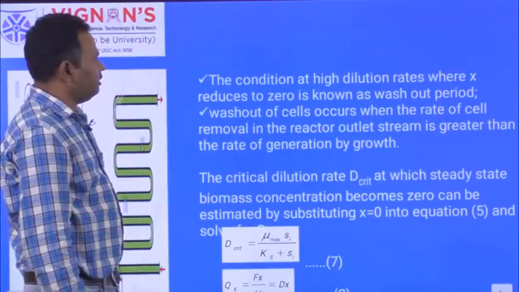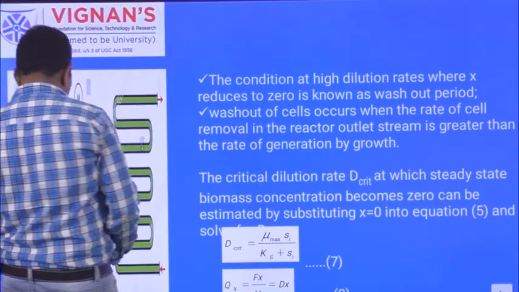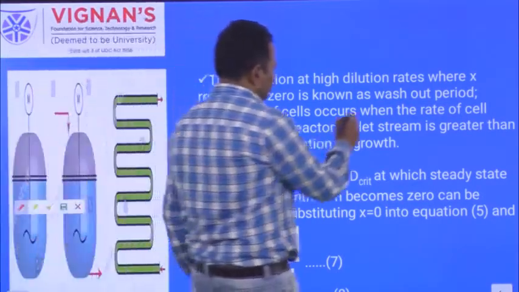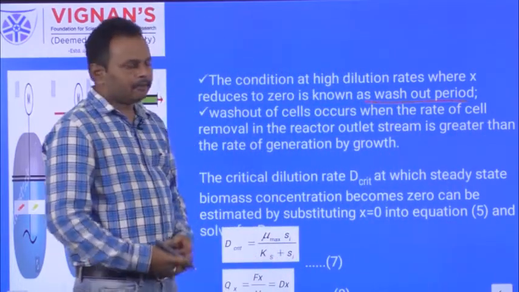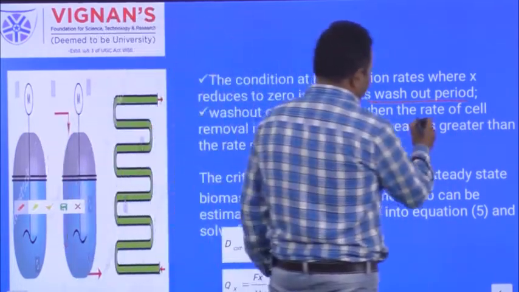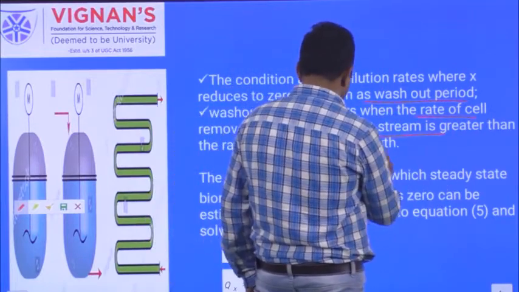So the condition of high dilution rates, where X reduces to 0, is known as the washout period. Washout occurs when the rate of cell removal is greater than the rate of cell generation.